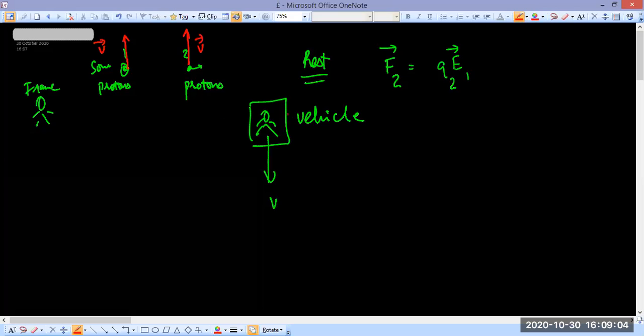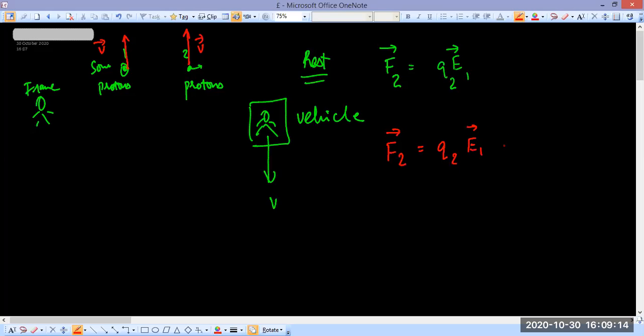So in such a case, suddenly the force acting on the second proton would now become q2 times electric field created by first plus q2 into v vector cross B vector.